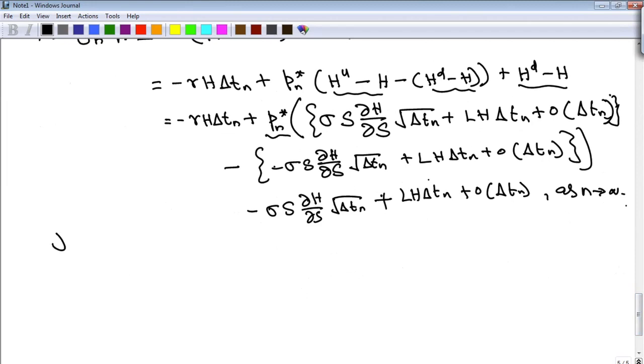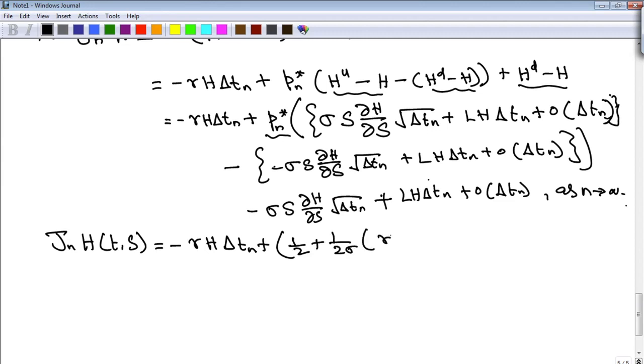We get Jn h of t comma s is equal to minus R h delta Tn plus 1 by 2 plus 1 by 2 sigma into R minus sigma square by 2 root delta Tn plus order of root delta Tn into whatever we have after cancelling certain terms.